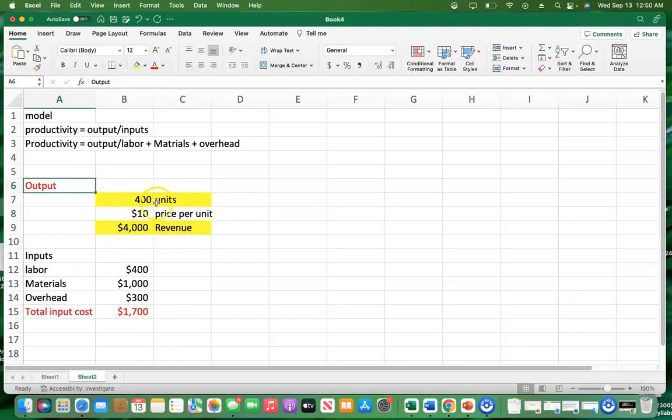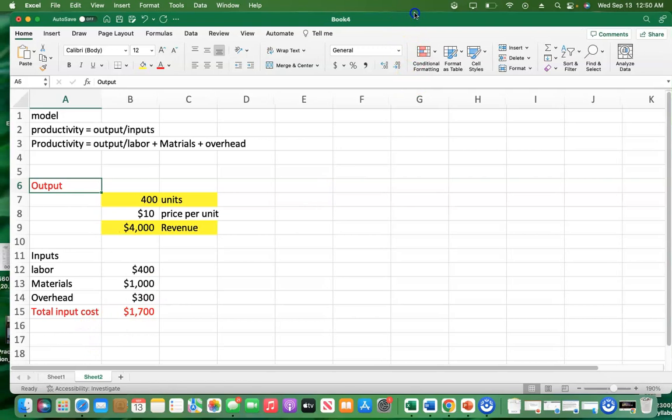Now we can use 400 units divided by 1,700, or we can actually express this in terms of revenue, and therefore we can take $4,000 divided by 1,700 to get productivity. And that's the multi-factor productivity.